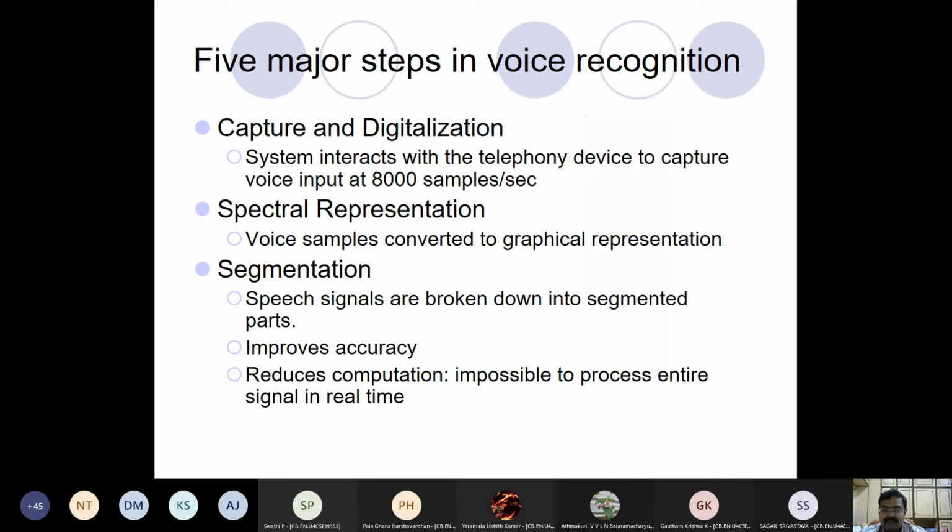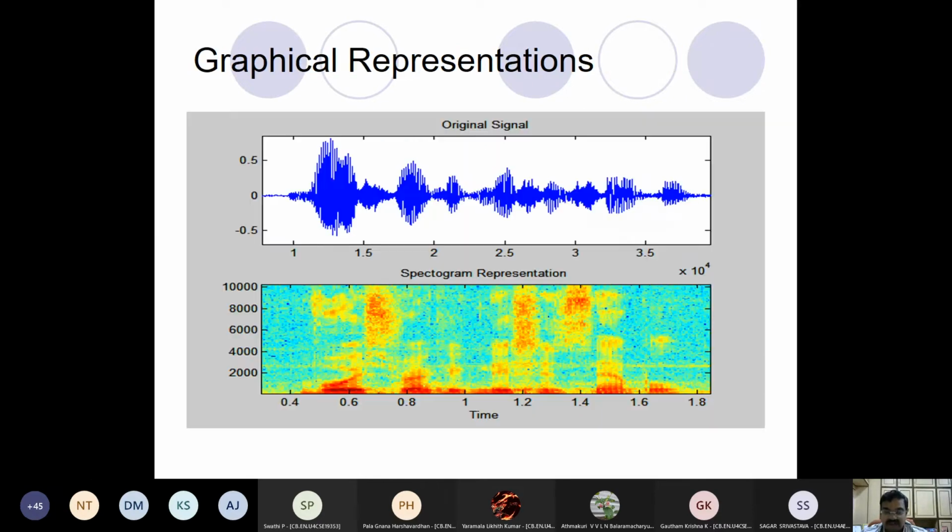So first you are capturing the voice, the speech. It is taking the input at some frequency, that is 8,000 samples per second, and it is stored in the database. This telephony device will convert that voice or speech into a spectral representation, into an image, and then that image is segmented. The speech signal is converted into segmented parts to improve accuracy.